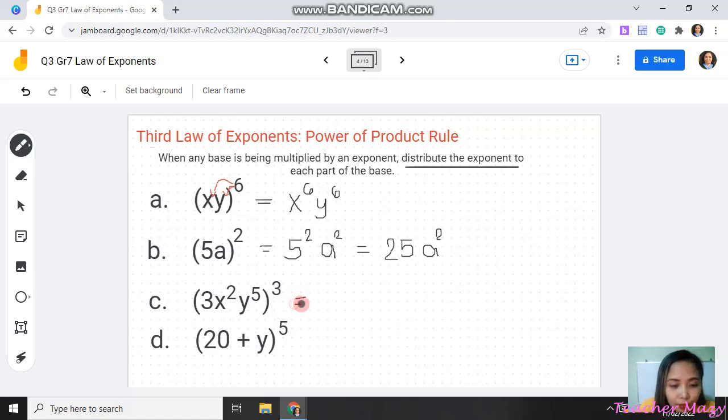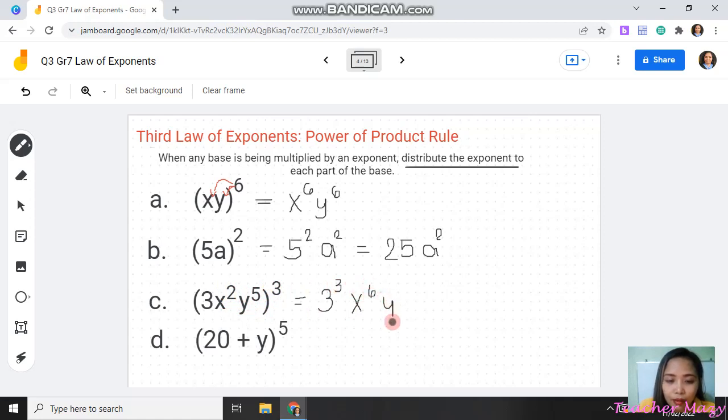Next is for the letter C. And so we have 3. Distribute the exponent to x and y. So we need to apply the second law of exponents here. So we need to multiply the power to another power here, or the exponent. So that is 2 times 3 is equal to 6.